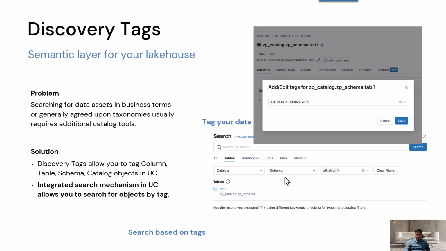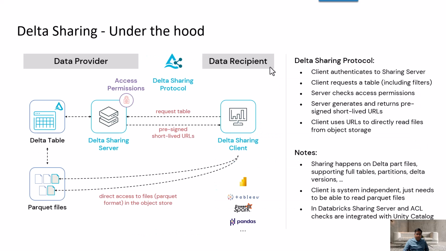That way you can specify the discovery tag and search with its help easily. This makes your life simpler, and you can use the agreed upon taxonomy and search the data in no time.